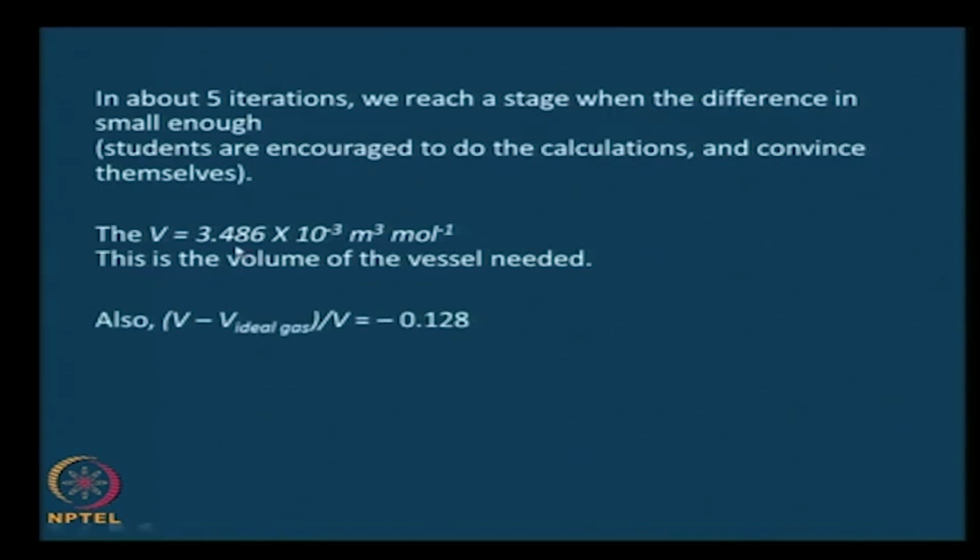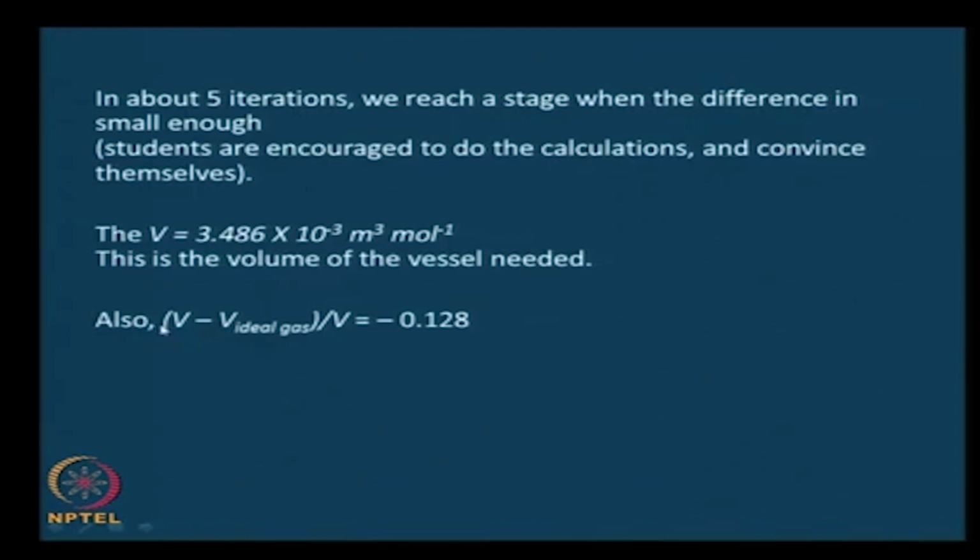Also there was another part to the exercise, that was to find out the variation between the volume given by the virial equation and the volume given by the ideal gas. In other words, to find out the percentage difference. So to find out the percentage difference, we take the difference divided by the actual volume, and actually we need to multiply it by 100.